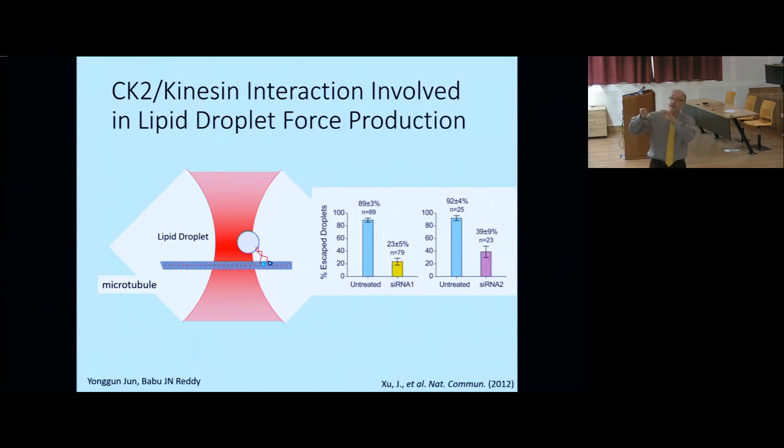So basically, that tells you two things that are interesting. One is, because we do the control with a scramble RNA and we don't see this, it's really because you're knocking down CK2. So that tells you first that CK2 looks like it is controlling the number of active motors in vivo, and that without CK2 activity you have fewer.